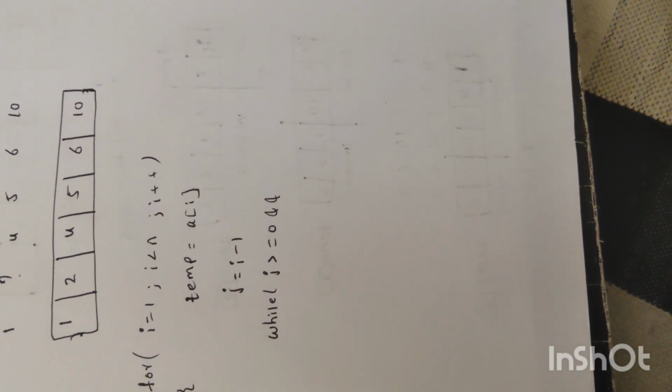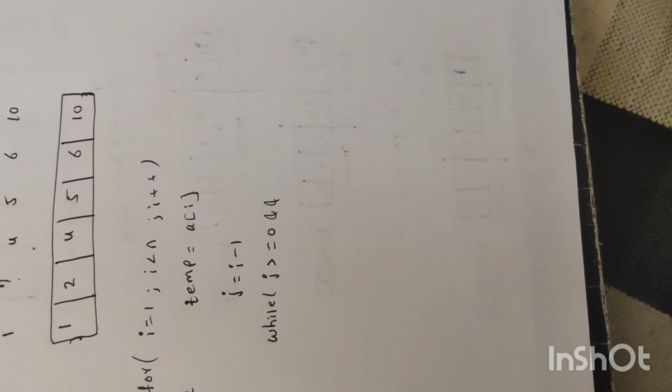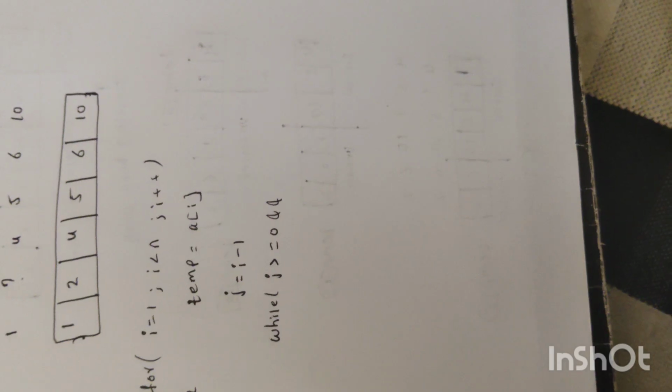So the first condition is this, and next, suppose we have taken 2 here and stored 2 in the temp variable, right? Now we have compared this 2 with first of all this 10, then 6, then 5, then 4 and then 1, like this.